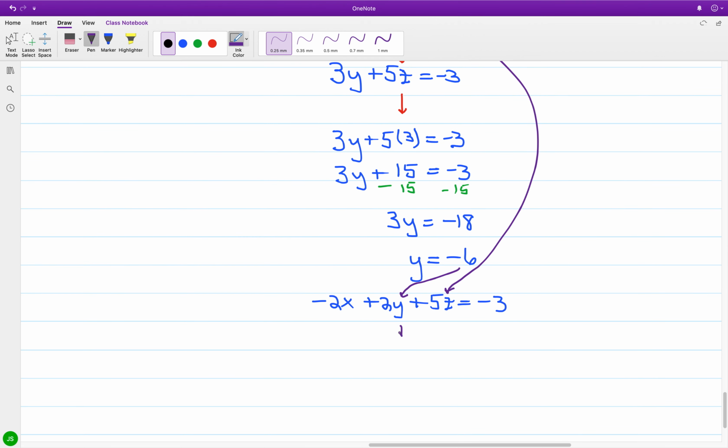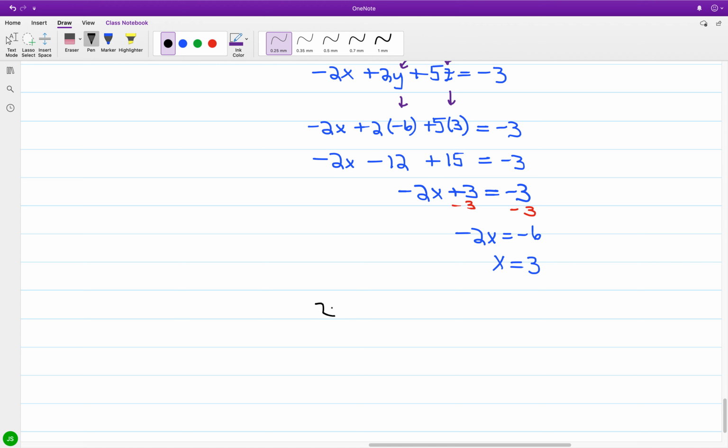So we're going to have x at 3, y at negative 6, and again z at 3. So in the solution, we have x is equal to 3, y is equal to negative 6, and again z at positive 3.